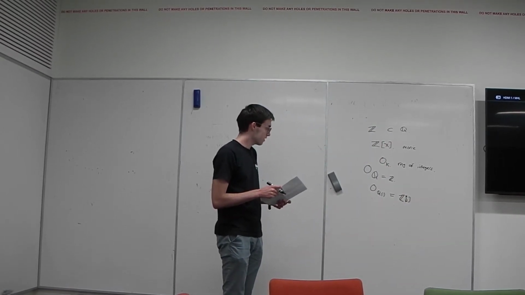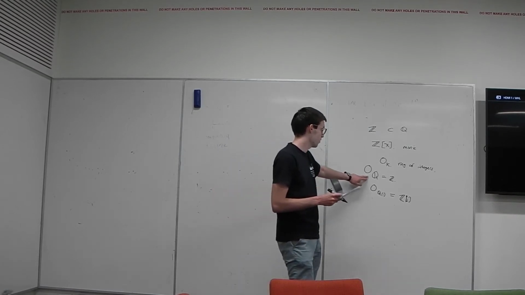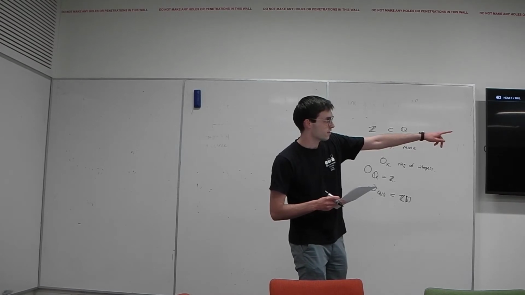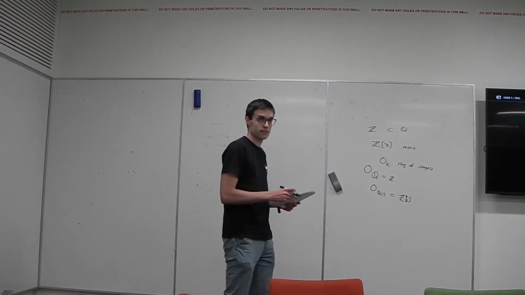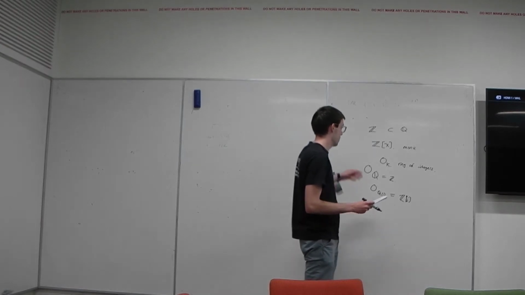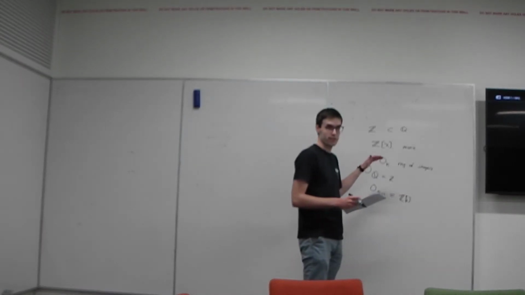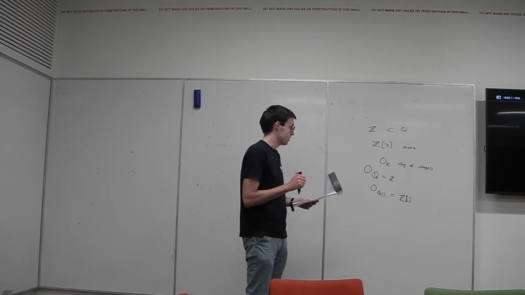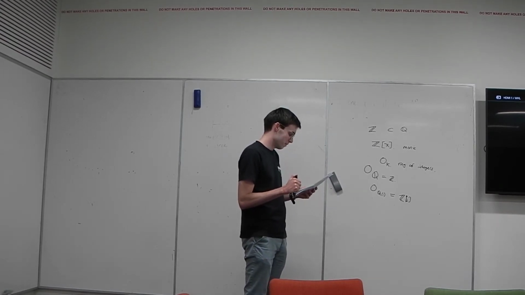Now because Q adjoined with root D is a field, it obviously has no zero divisors, so any subring of a field also has no zero divisors, and so the ring of integers is actually an integral domain as well.